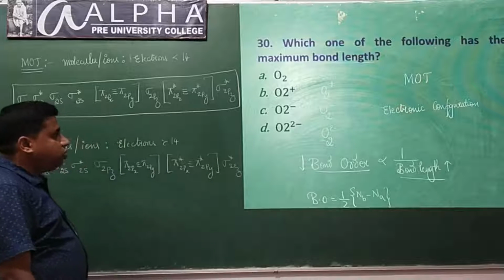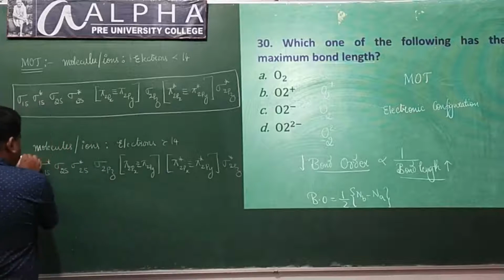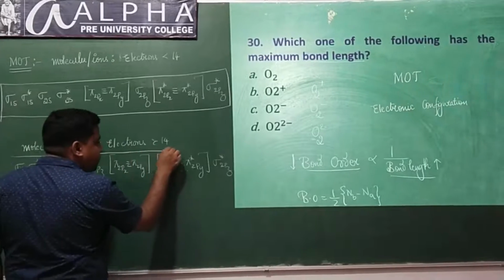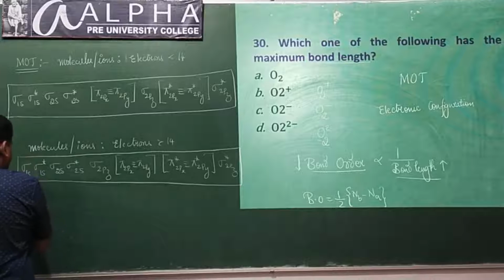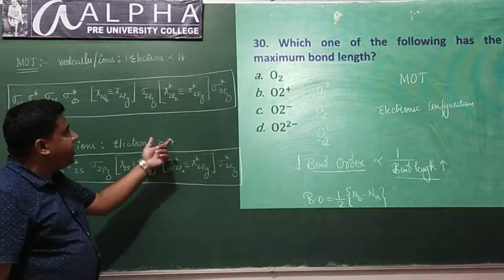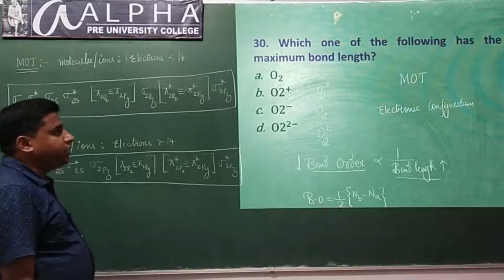This is the electronic configuration we will use for molecules or ions with more than 14 electrons.